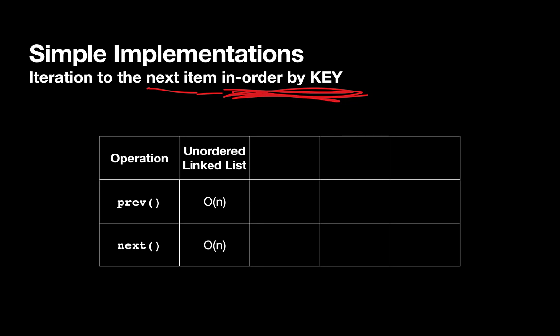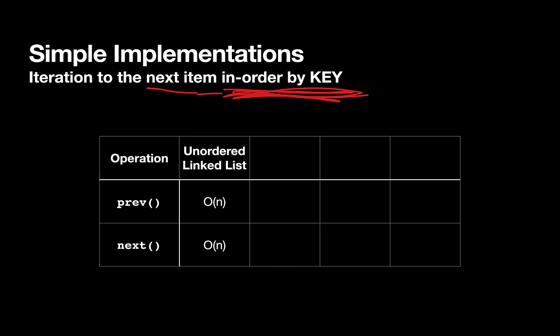Once we're to our third item, we have to find the next largest item. So we have to iterate until we find something that is larger than the item we're on, but smaller than any of the other items that are larger than what we're on. Okay, so the process is a little bit complicated, and in both cases, they're order n in the unordered linked list.